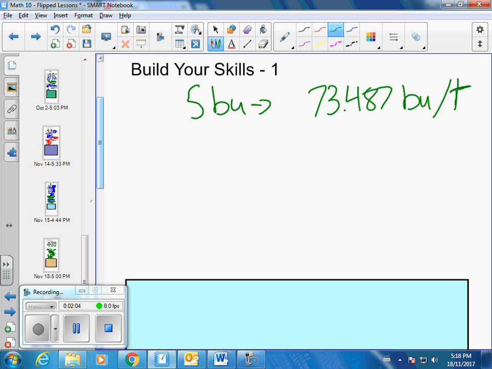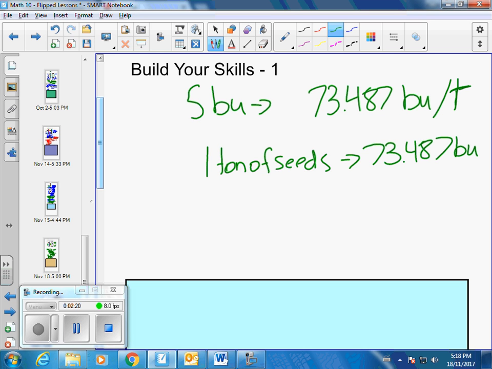So what that means is, in 1 ton of seeds, there are 73.487 bushels. So we need to convert our bushels here into tons.